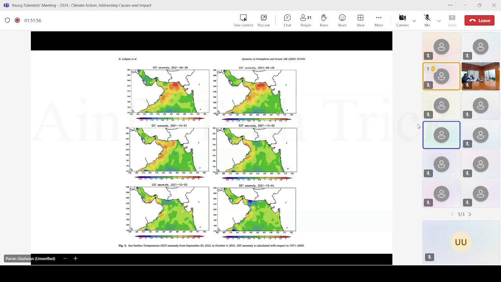By October 2, the SST behind the cyclone was negative compared to the average, while it remains about 1.5 degrees Celsius above average in front of the cyclone. 2 days later, the SST dropped to 27 degrees Celsius, indicating a cooling effect after the storm. Here you can see the cooling effect after the storm passed from this area.